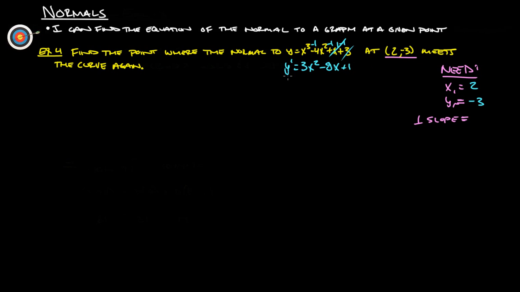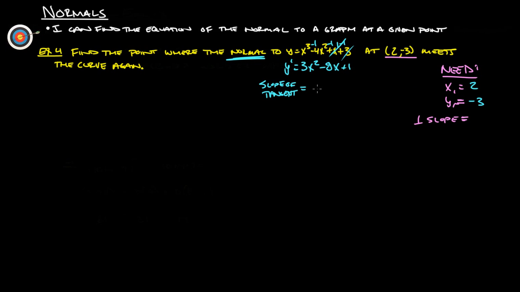So this is our derivative, right? To find the slope at x equals 2, we have to plug the 2 in there. This will give us the slope of the tangent, and then we're going to have to change it to find the slope of the normal.